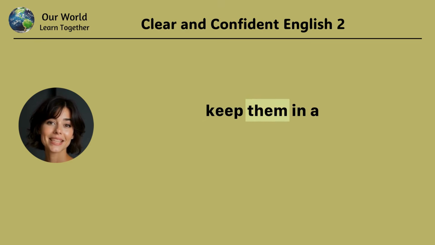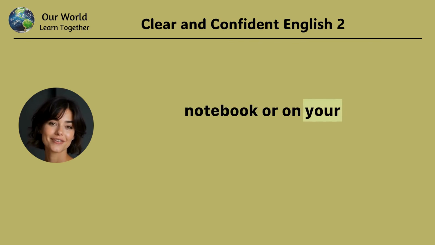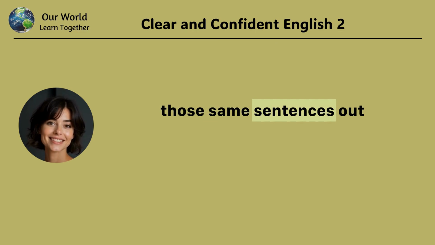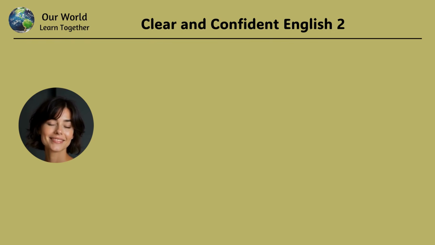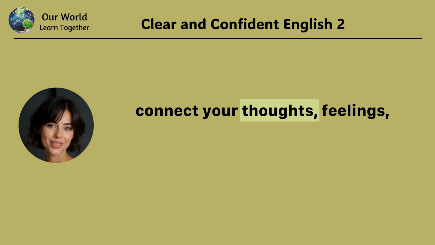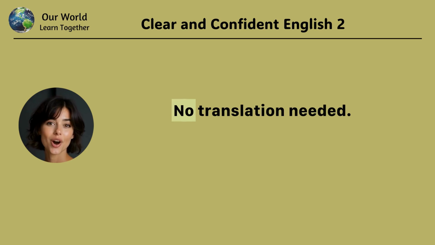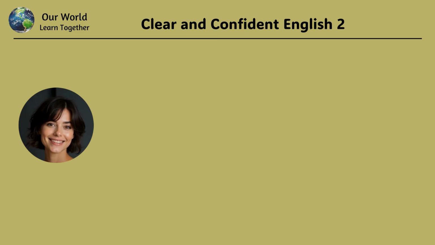You can keep them in a notebook or on your phone. Then, tomorrow morning, read those same sentences out loud. This is how you connect your thoughts, feelings, and routines directly to English. No translation needed.